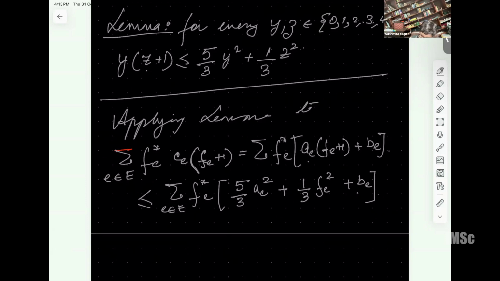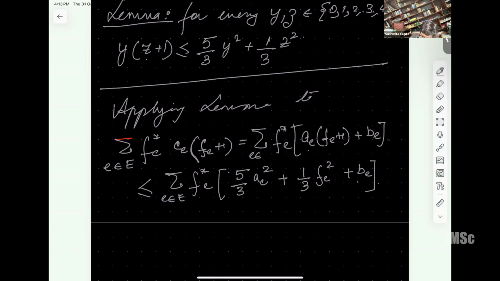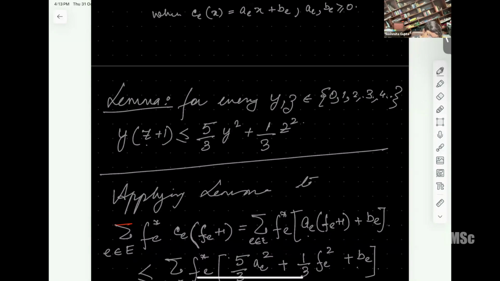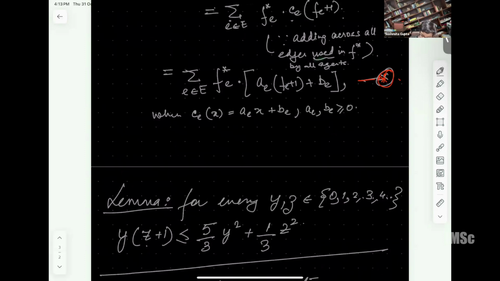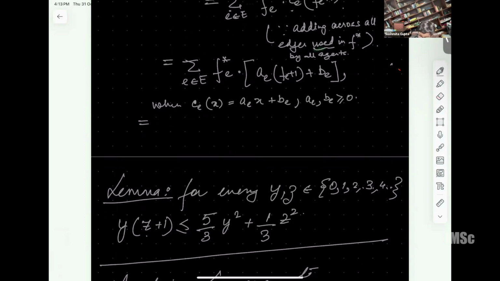So this is f star e, AE FE plus 1. Oh, correct. I think it makes a difference. So I'm not going to apply it on this. I made this mistake once before.